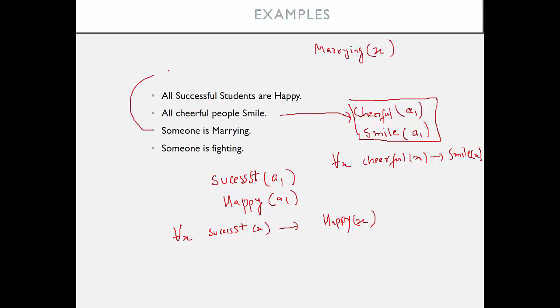And it's talking about someone is marrying, then we are going to represent it with this: for some x, or there exists at least one x who is marrying. Similarly, we can solve this, which means someone is fighting. We can represent it with this: x is fighting.